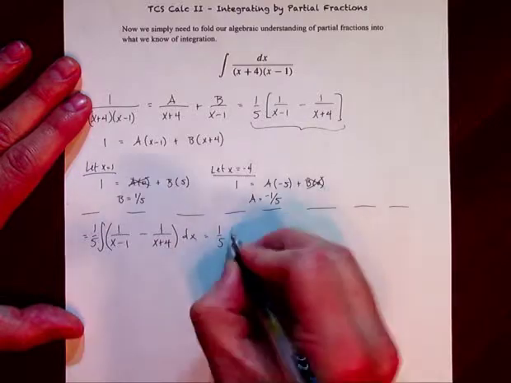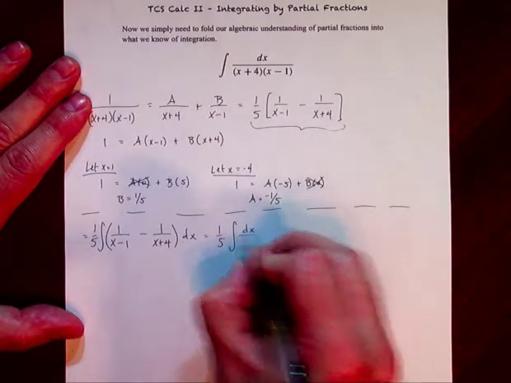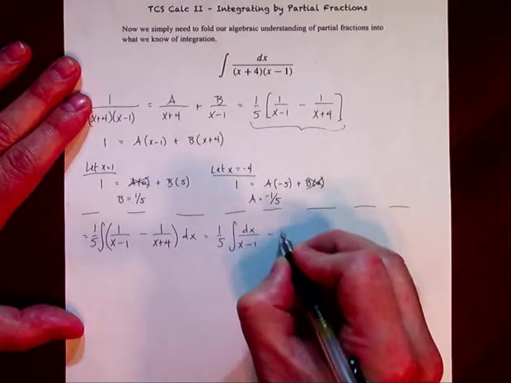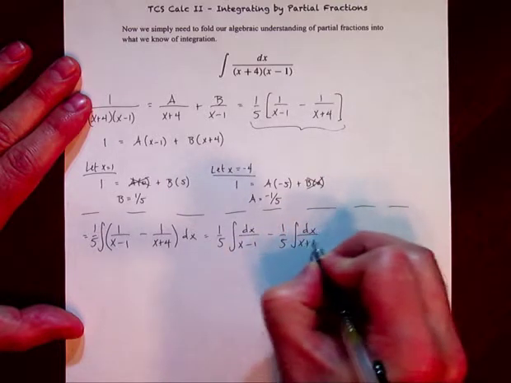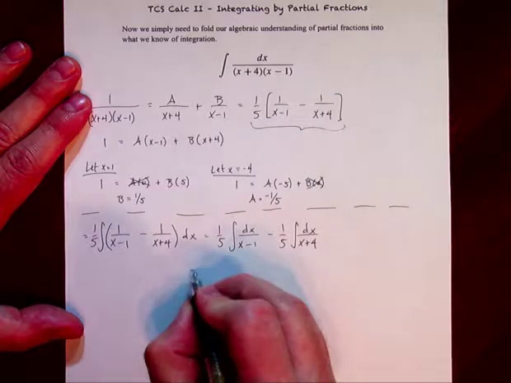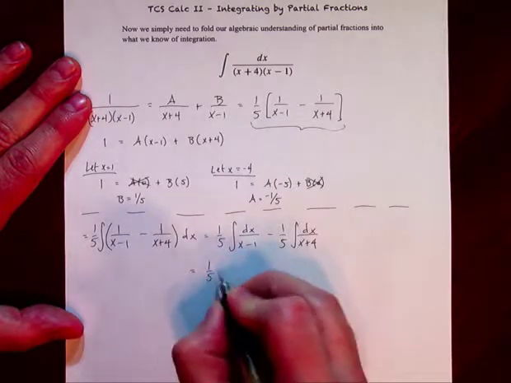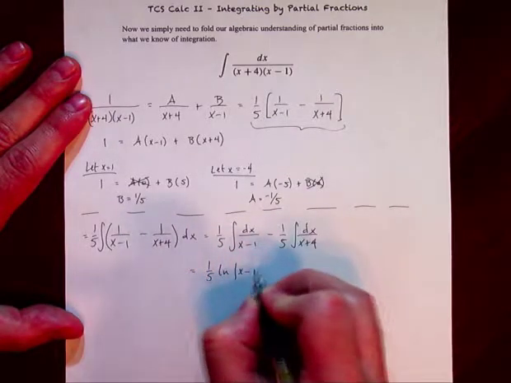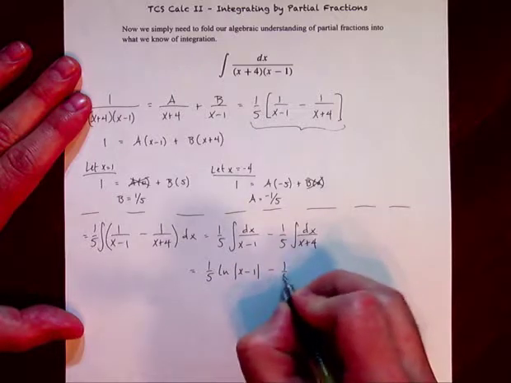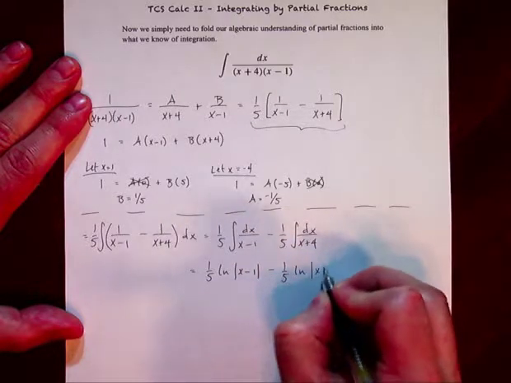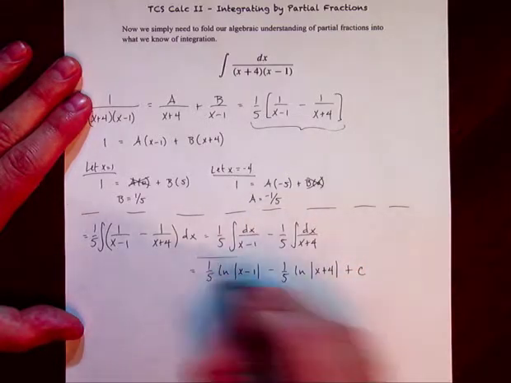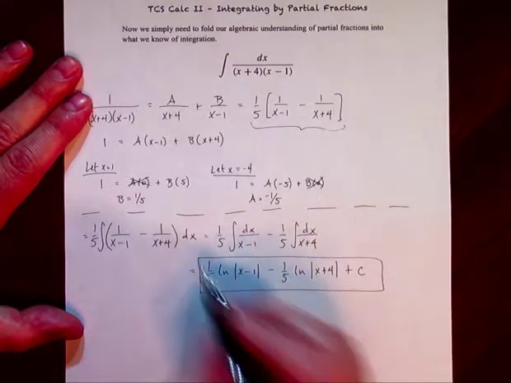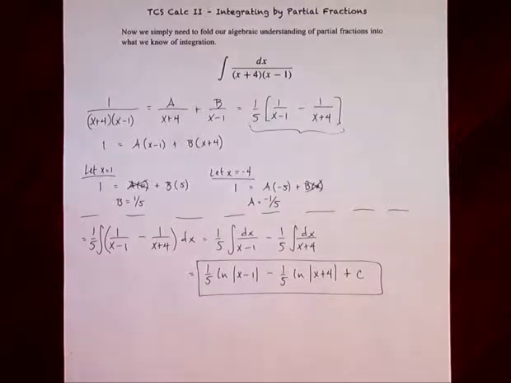If you were to split it up into two separate integrals, it would simply look like this. And having done that, we recognize that it's 1/5 natural log absolute value of x minus 1 minus 1/5 natural log absolute value of x plus 4 plus C. Okay. And that didn't wind up being too burdensome or too difficult.